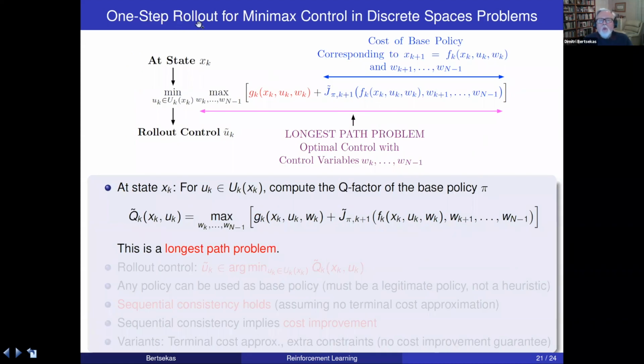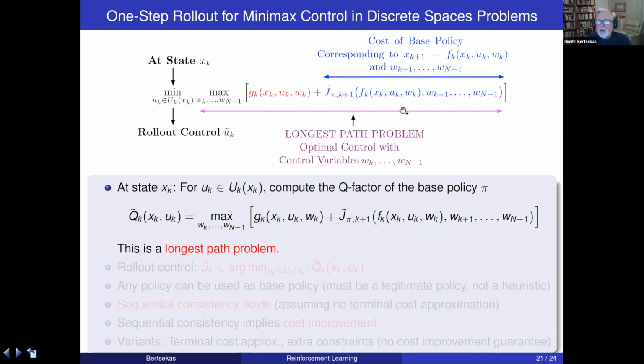And I'm going to talk about one-step rollout, okay? For minimax in discrete spaces problems, so that all the minimization, the maximization here can be done over a finite space. So what does rollout do? At a given state, it forms a Q factor for every one of its feasible controls.